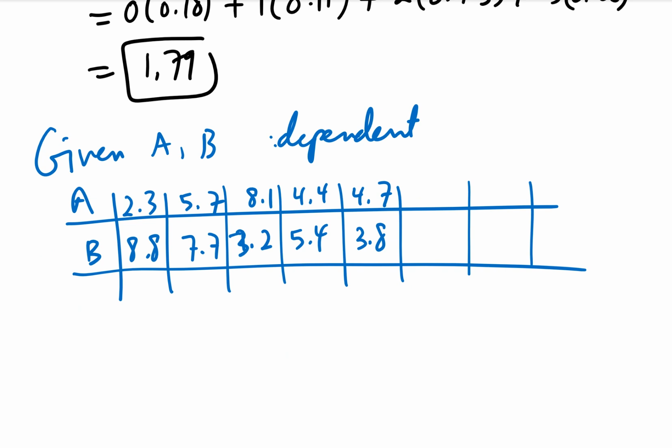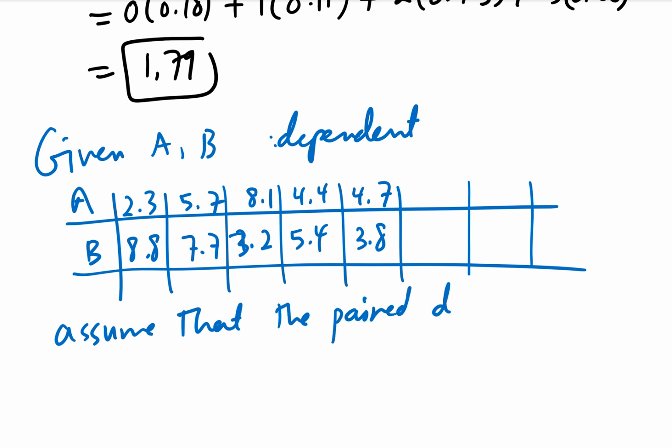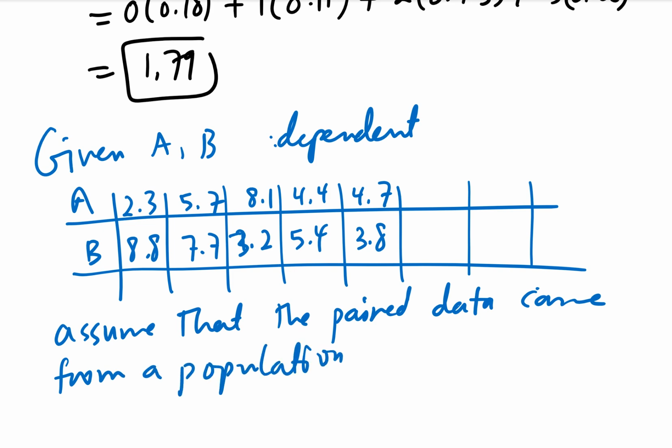So assume that the paired data came from a population that is normally distributed.